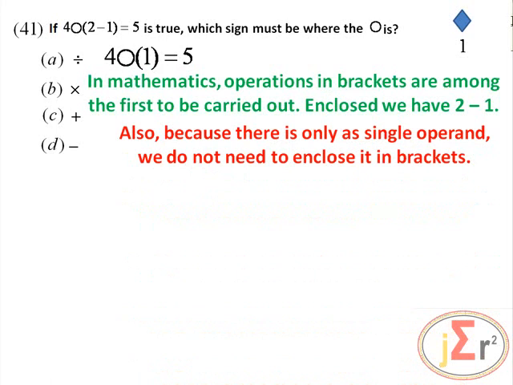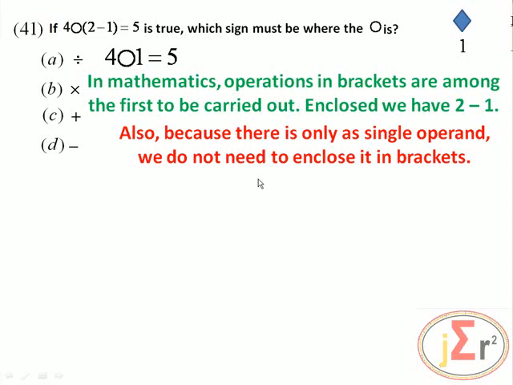Because there is only a single operand, we do not need to enclose it in brackets. So remove the brackets. There are cases in which if you move the brackets, we will have something different being expressed. But in this particular case, when we remove the brackets, the expression will be the same.